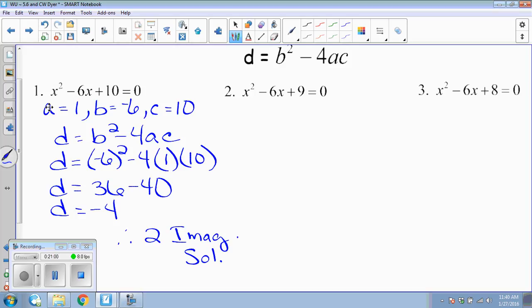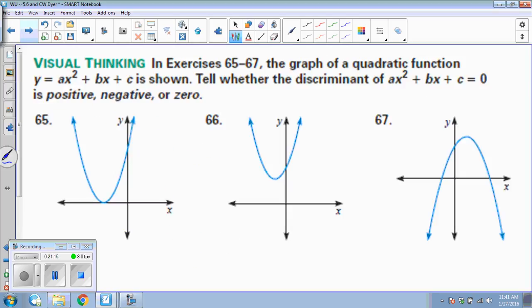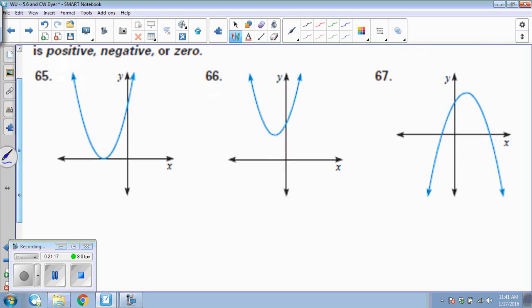Okay. One more thing you don't have to write down. We're just going to look at a graph, and I want you to tell me, looking at this graph, whether the discriminant was positive, negative, or 0. So looking at this problem right here, it was 0 because it only touches the x-axis at one point, so the discriminant had to be 0.